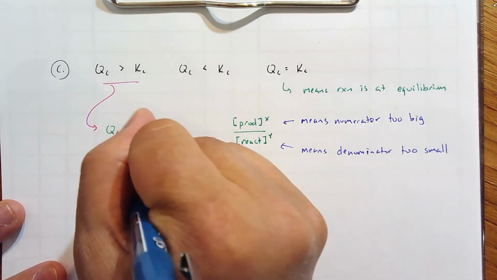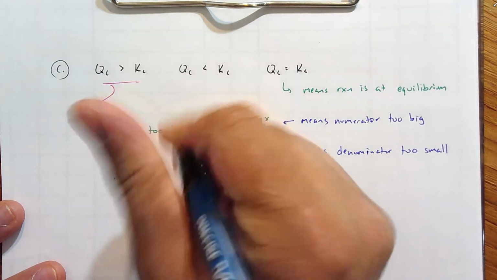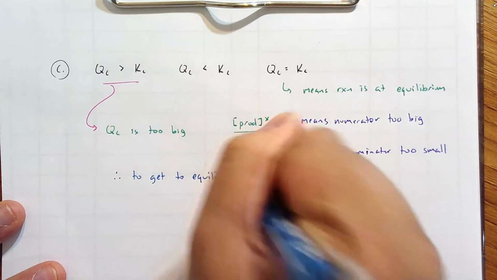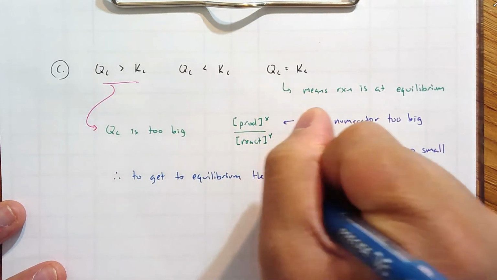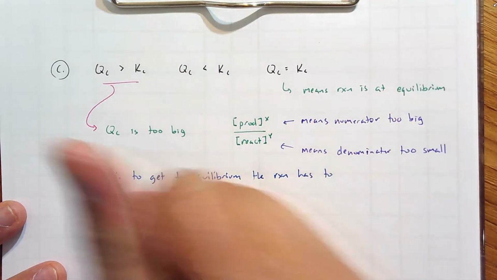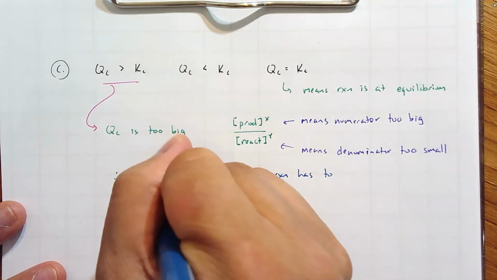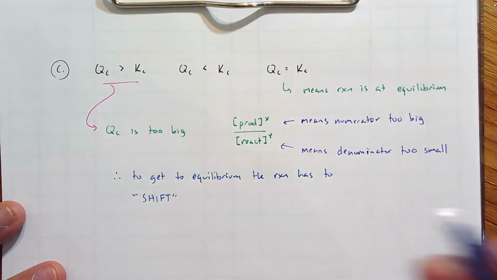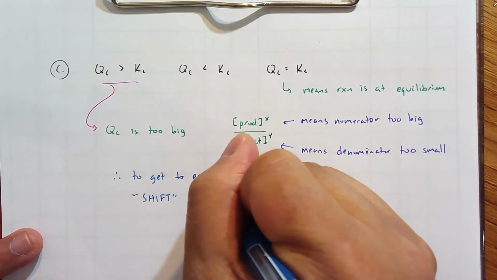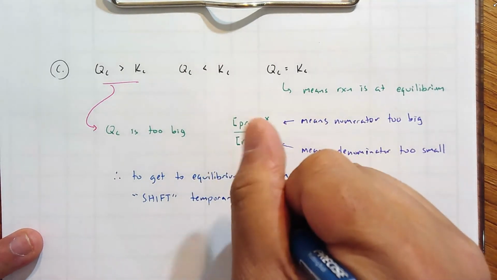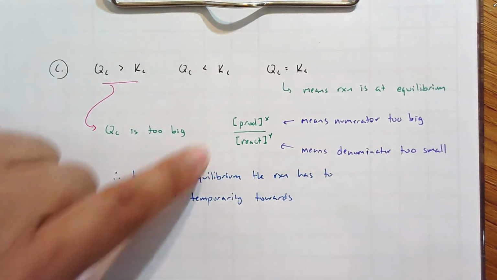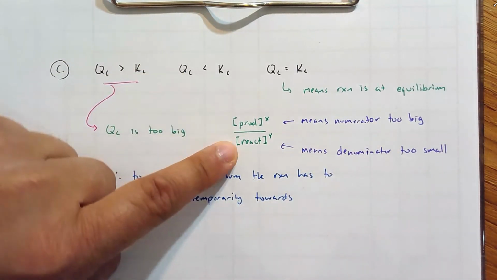Therefore, to get to equilibrium, the reaction has to shift temporarily, until equilibrium is reached, towards the reactants.